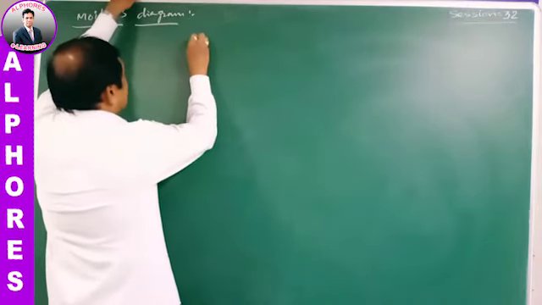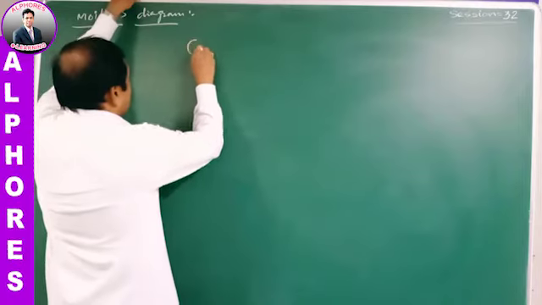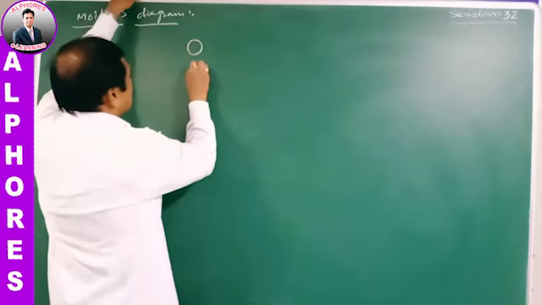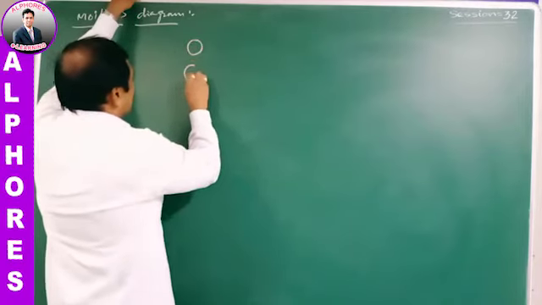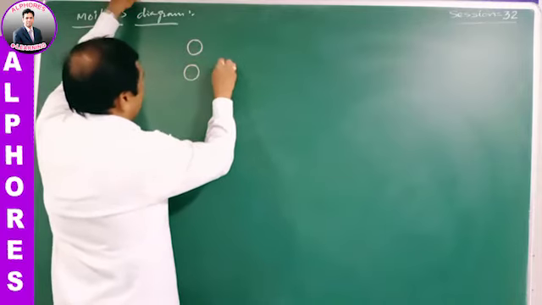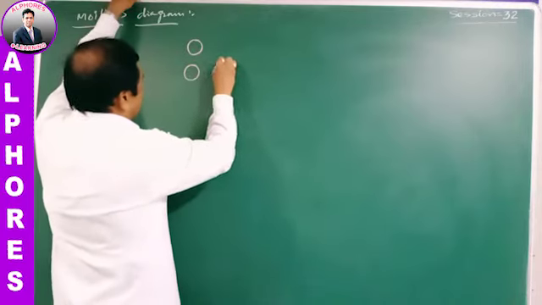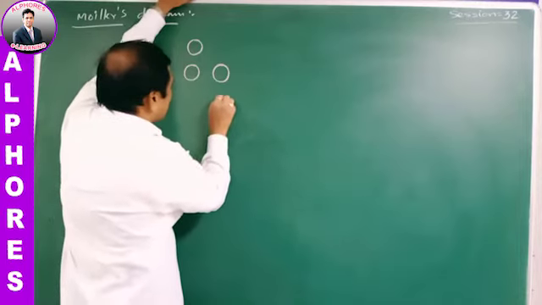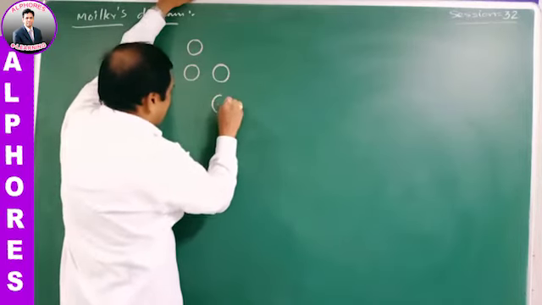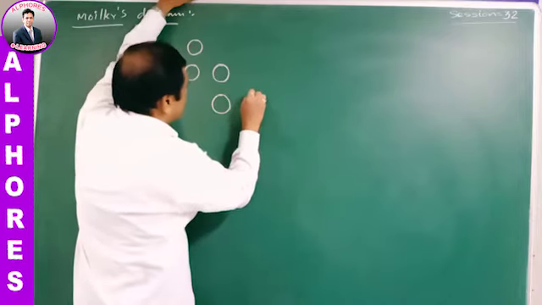So this is the first orbit: one circle. Second orbit, we have two circles. Third orbit, we have three circles.